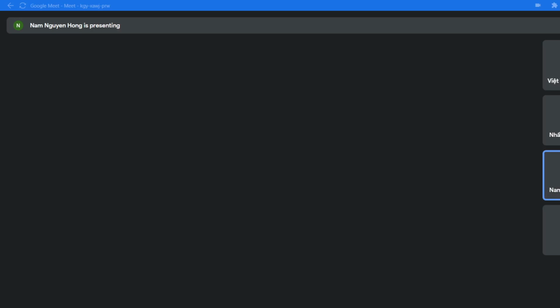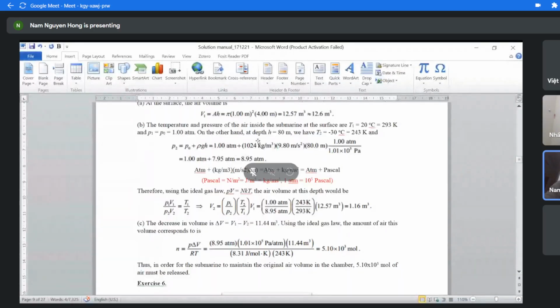So we can use this formula. It is already given. This is actually the atmospheric pressure plus the pressure generated by the seawater at depth 80 meters. Rho here is the density, g the gravitational acceleration, so you know already.